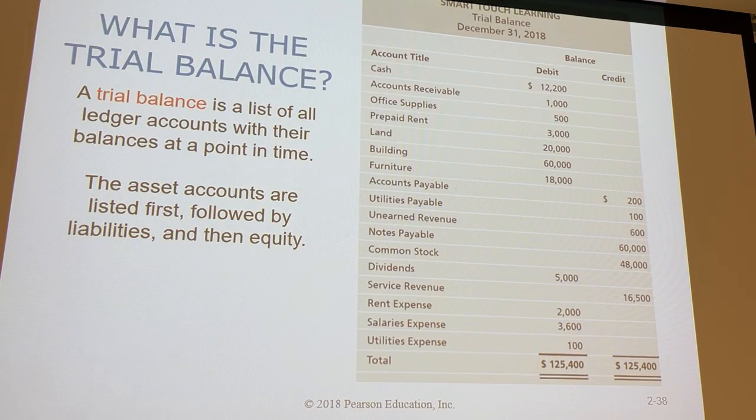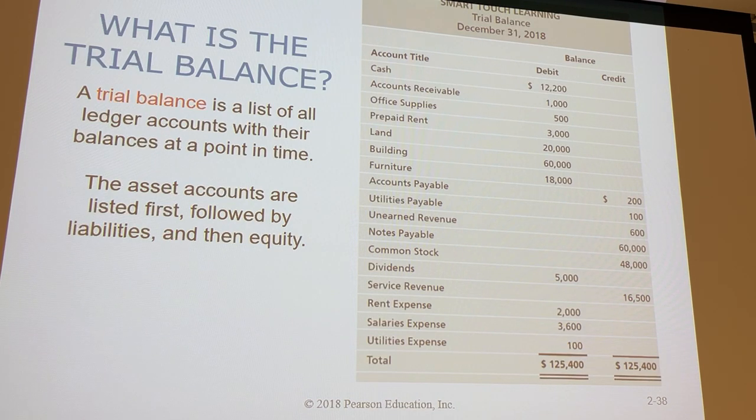Okay, the way that we go about proving that our accounting equation is still in balance is usually by preparing the document that you see on this slide, which is called a trial balance.